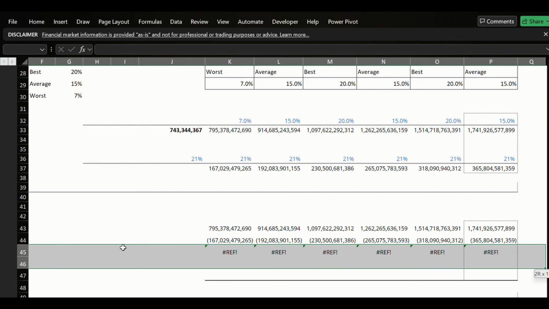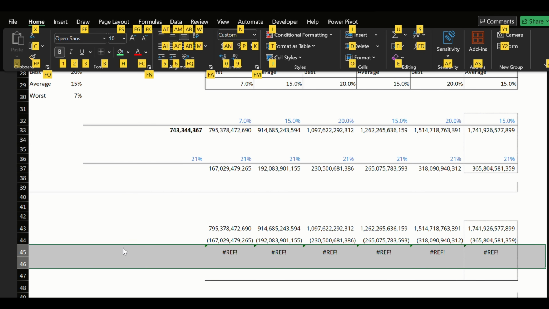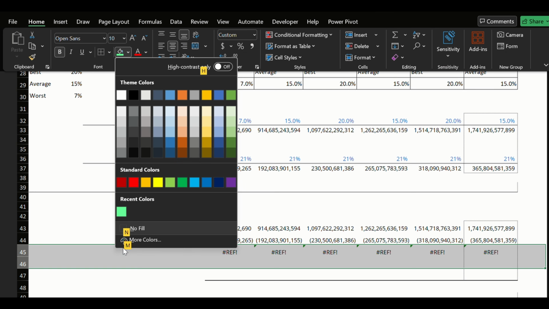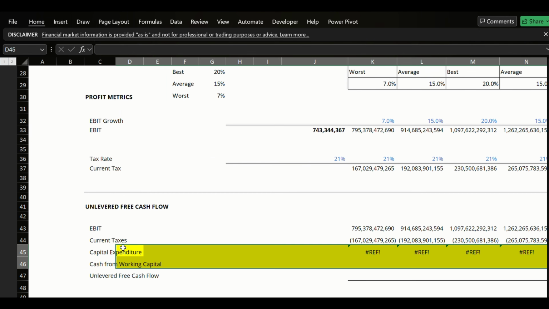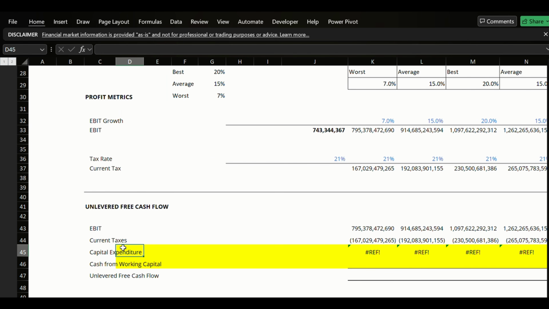Okay, let's go. This is a placeholder. So free cash flow is very much distorted, but it is.